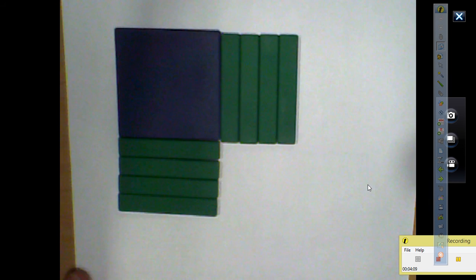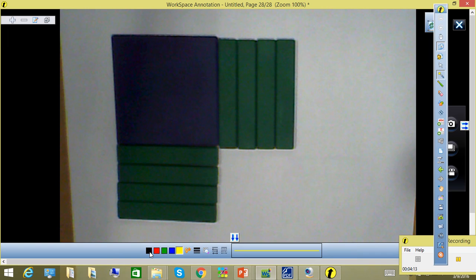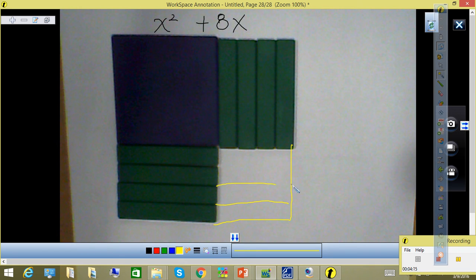So there it is. So we started off with x squared plus 8x, and to complete this square, let's count the tiles: 1, 2, 3, up to 16. We add 16.